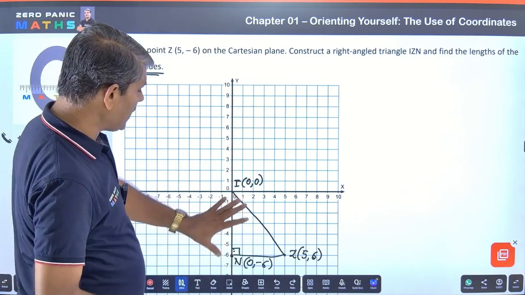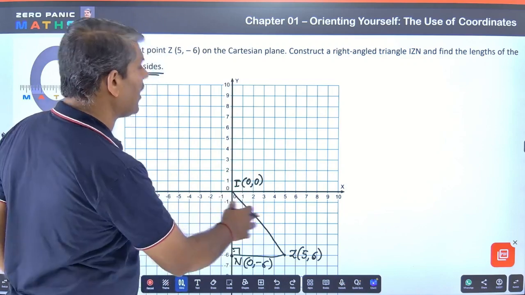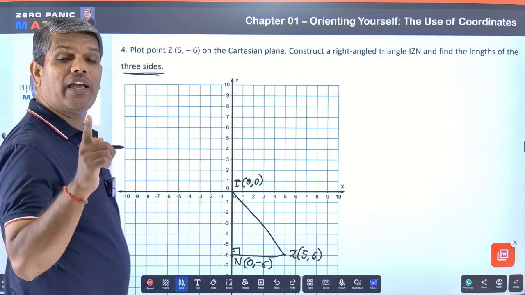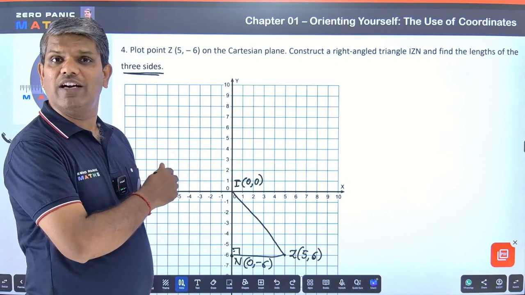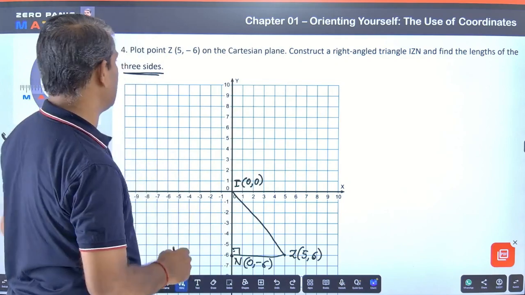Okay, let me take this as a right angle triangle and find the lengths by applying the formula that we have derived in general.